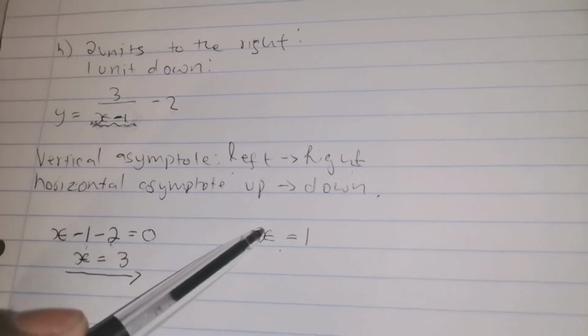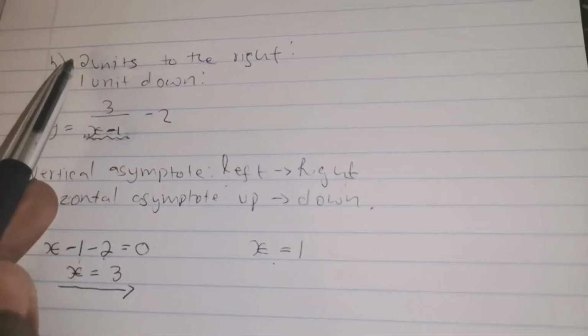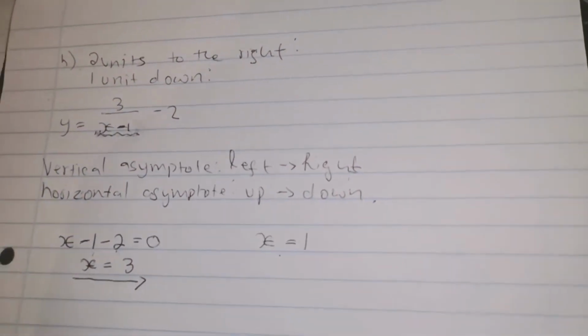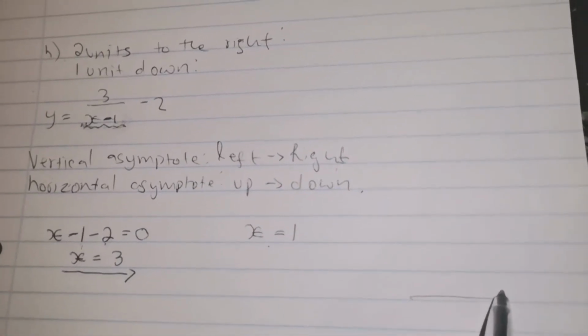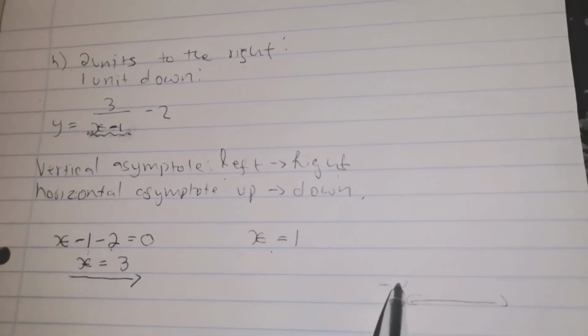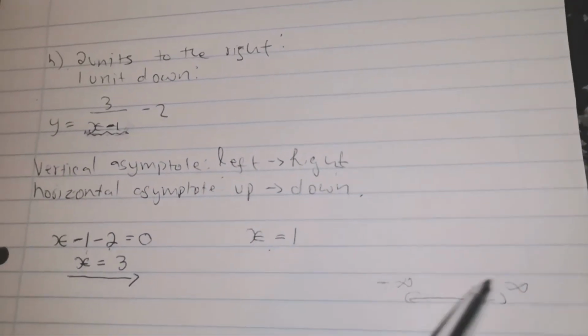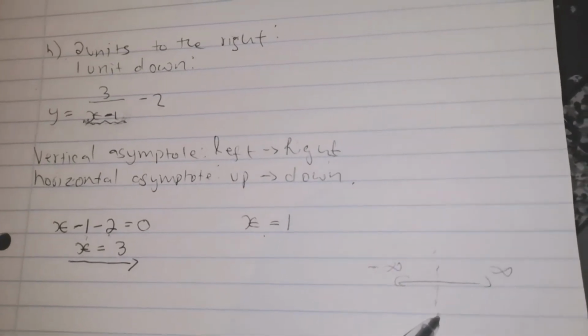This is the initial vertical asymptote you got, and now they said you must add 2 units to the right. I can draw the number line again. We add 2 to this side, meaning this graph moves to the right of positive 1.